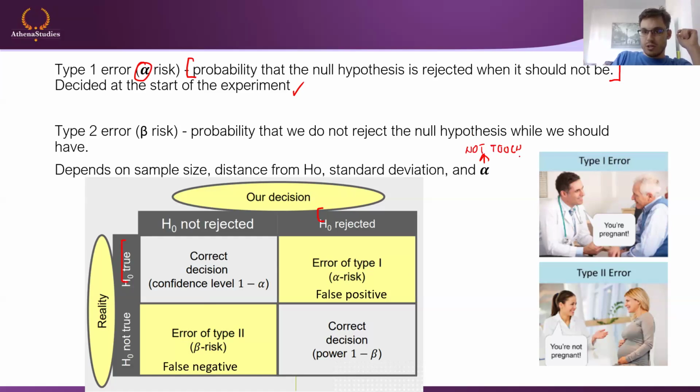Standard deviation just shows up in your data, so you can't change it. Distance from H0 is given by the assumption of your experiment.